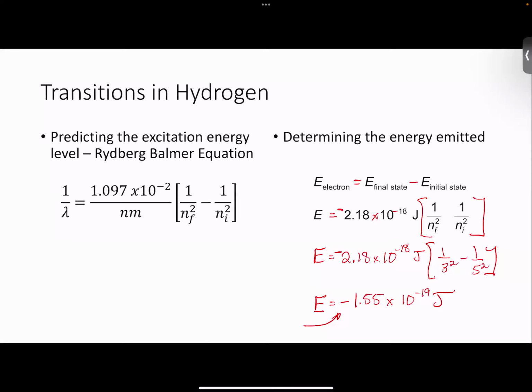If energy is negative, it means that energy is generated. If energy is positive, it means that energy was absorbed.